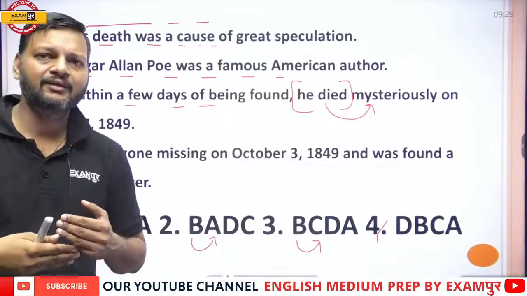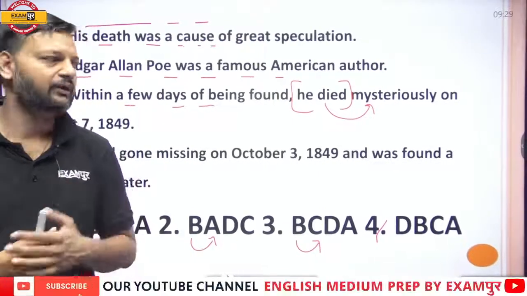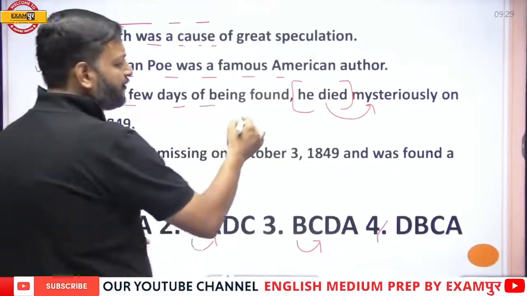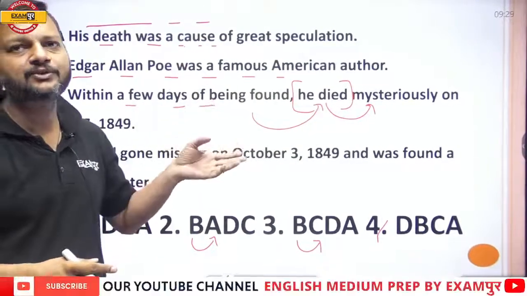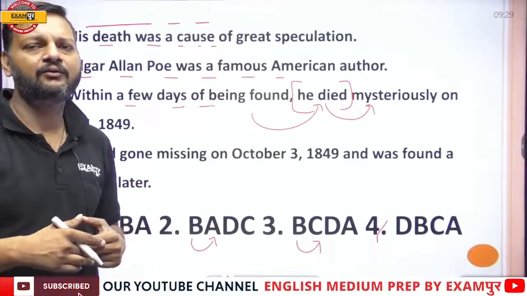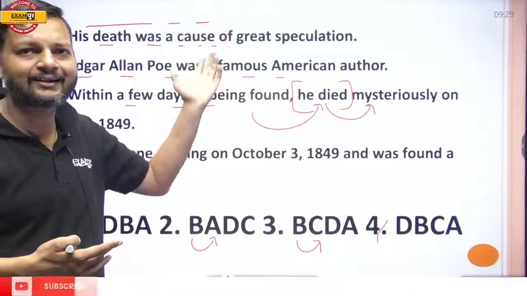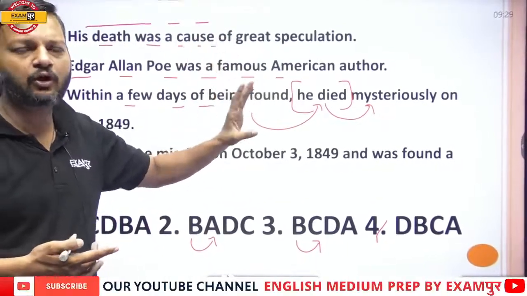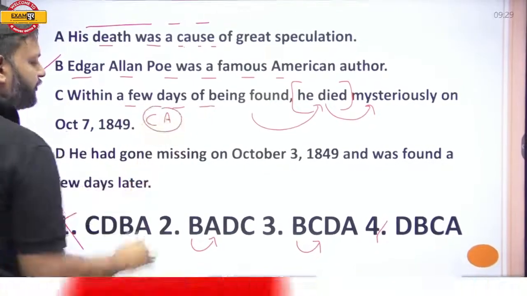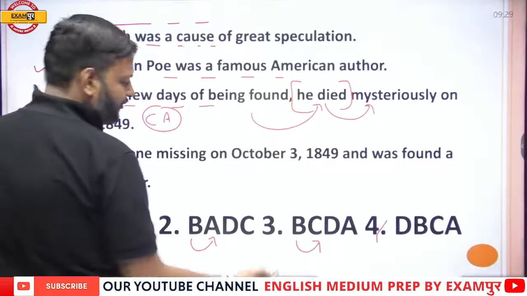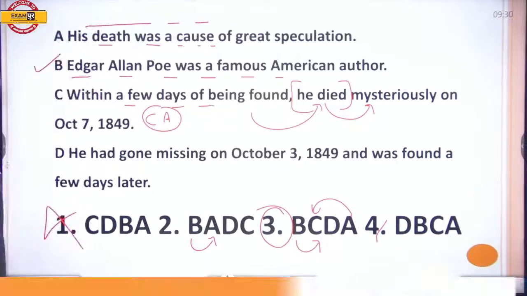First something is introduced, then after it we tell the details of it. Once we have told that he died mysteriously, then only we will move further that his death was a cause of speculation. So C will come before A, and this is in option 3. So option 3 will be the right answer.